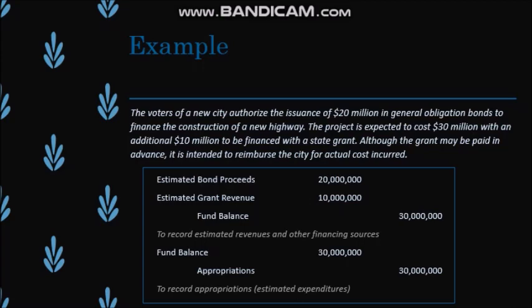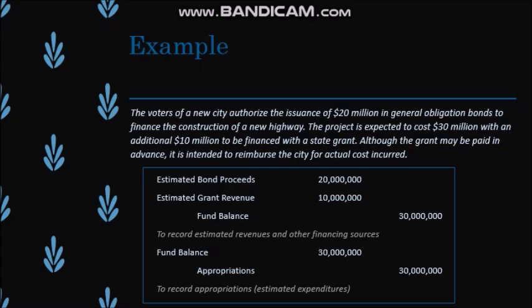The project is expected to cost $30 million, with an additional $10 million to be financed with a state grant. So we have the $20 million from the city and $10 million through a state grant. Although the grant may be paid in advance, it is intended to reimburse the city for actual cost incurred.